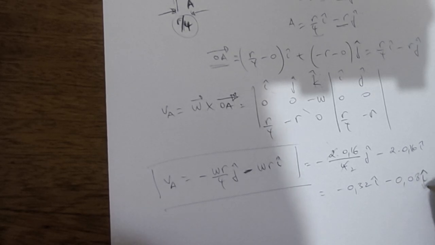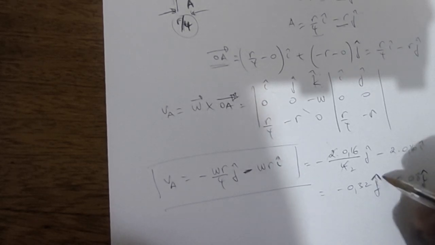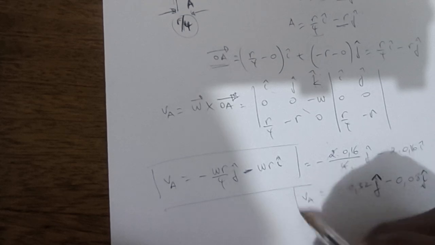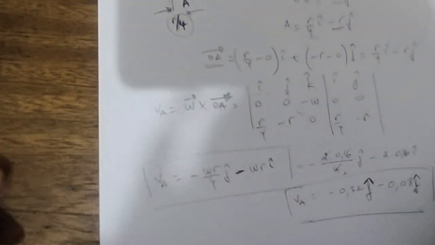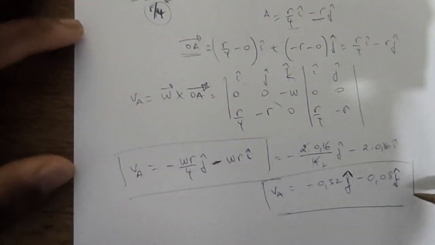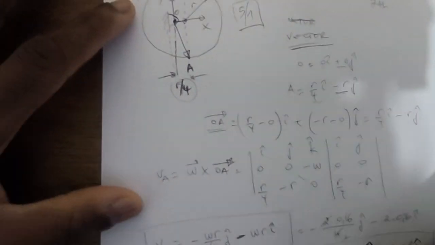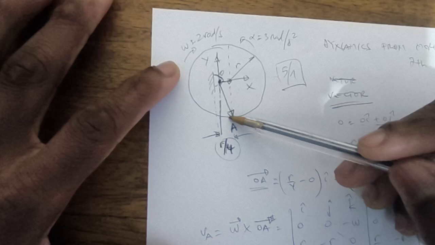Here it's E, and then here J. I made quite a bit of confusion. So this here, as we see it, is the instantaneous velocity of this point A.